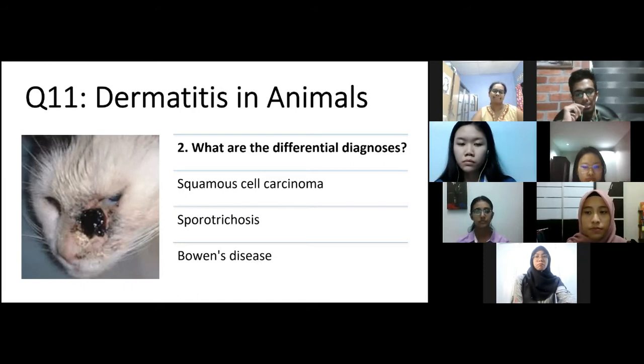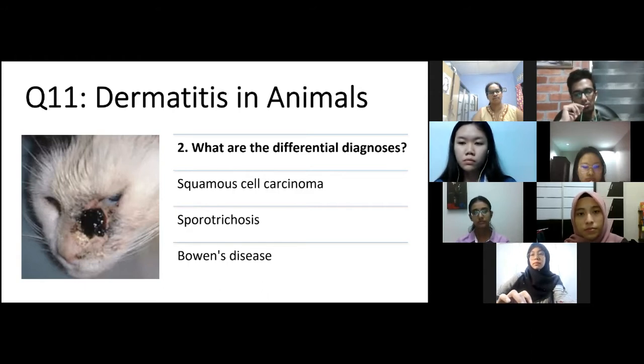Bowen disease can actually be found only in geriatric cats, which are above 10 years old. It can turn into a more serious type of skin cancer if not treated early. It can also be differentiated from squamous cell carcinoma based on its agent, which will be presented by the other presenters.